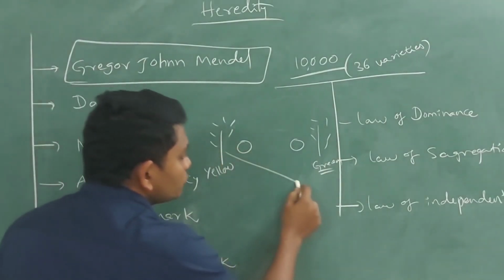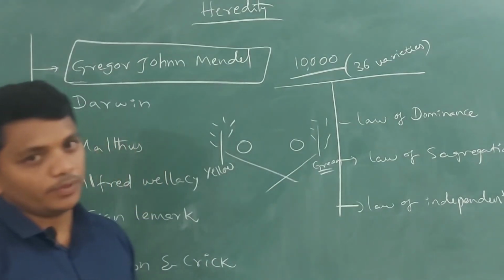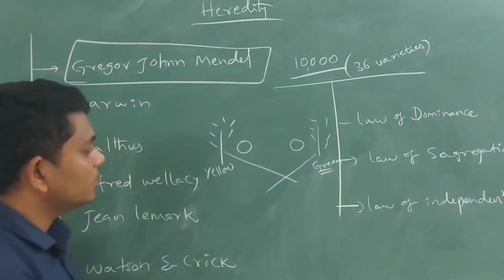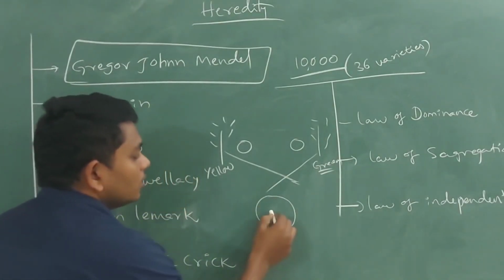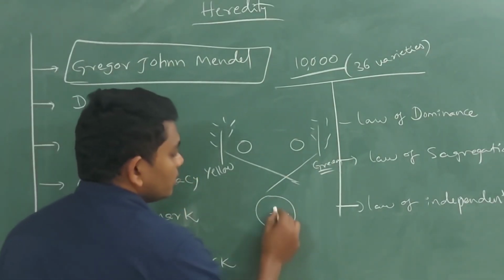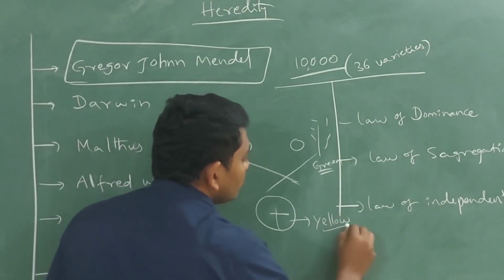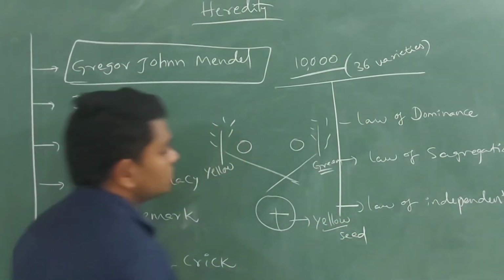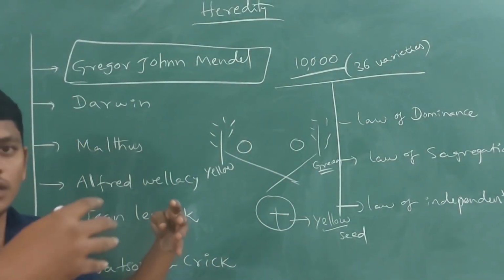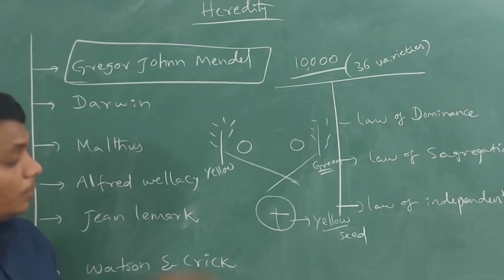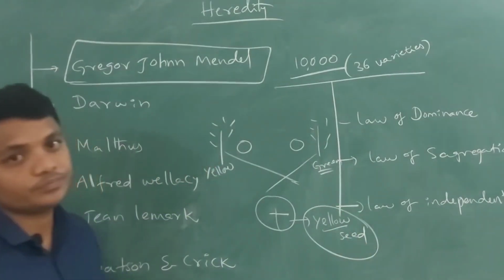When cross pollination occurs between the yellow color plant and the green color plant, the next plants will have only yellow color seeds. So here yellow and green color plants are cross pollinated, but in the next generation only yellow color seeds come.